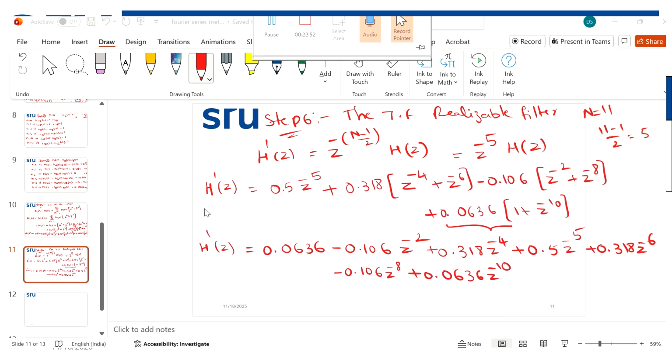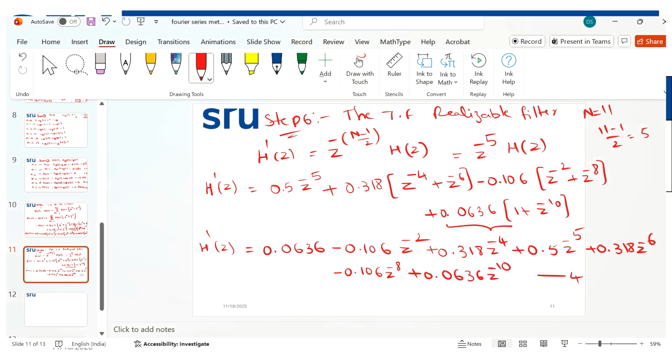So this is our final non-realizable filter transfer function. After multiplying and writing in the sequence order, we call it equation number 4. We have the first constant term up to z^-10. In terms of filter realization, we have this expression. From this expression we can realize the system, right?